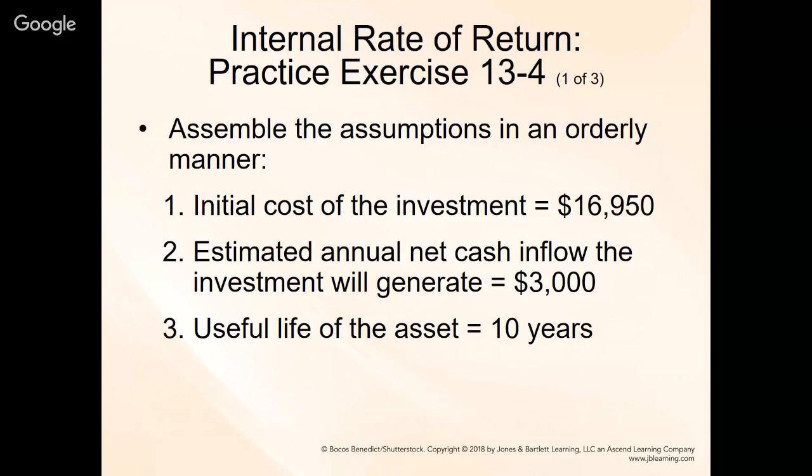And the PowerPoint does have examples here for you. You know what your initial cost is, what your estimated cash flow from the investment is, and your useful life of the asset is 10 years in this example.